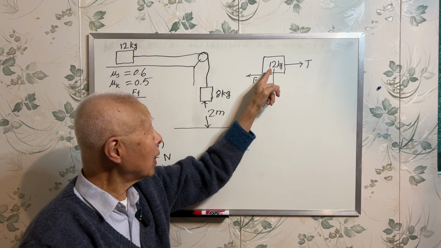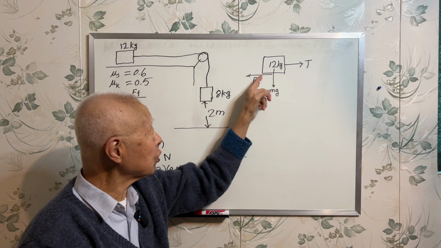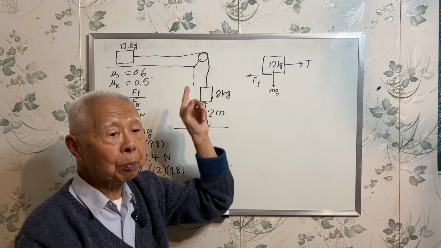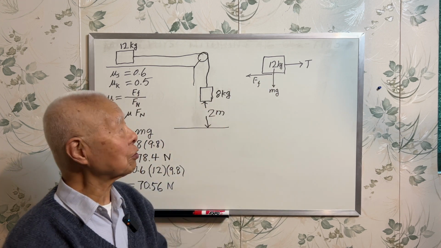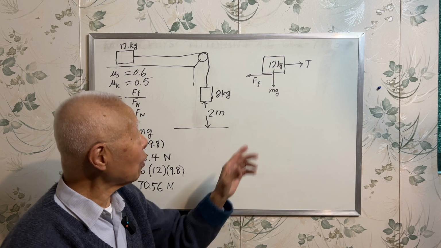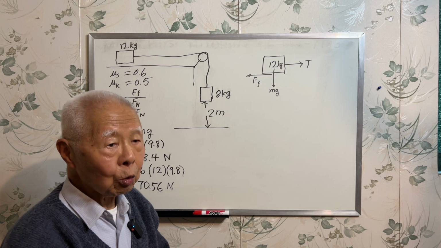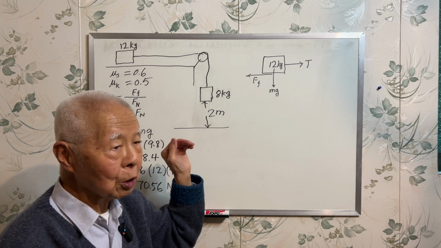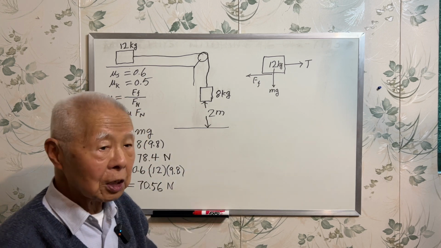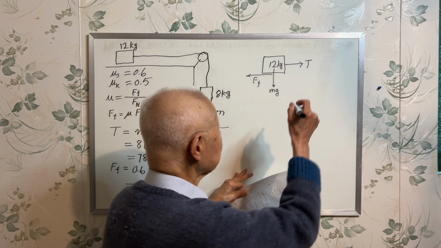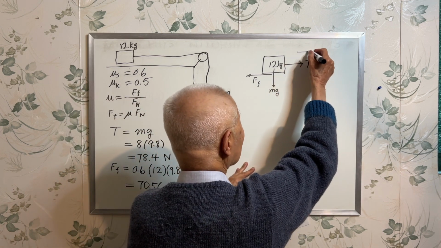Between the table and the mass, there is a friction force. The friction force is pointing to the left-hand side. This is the free body diagram. Because we have decided it moves to the right-hand side, therefore there is acceleration. The acceleration is to the right-hand side.